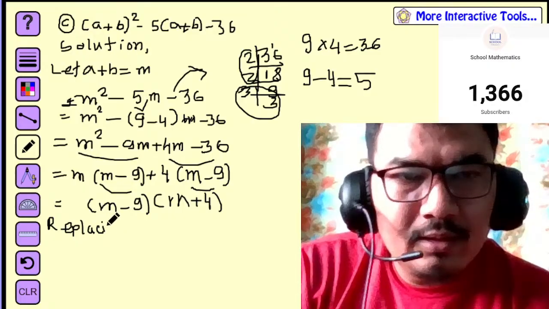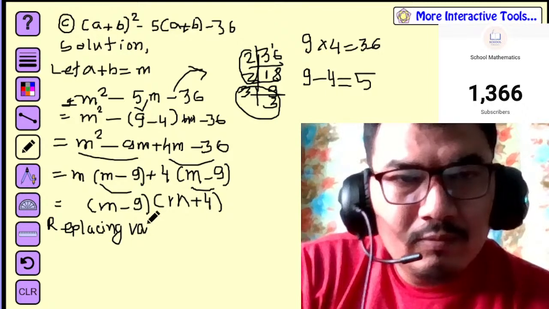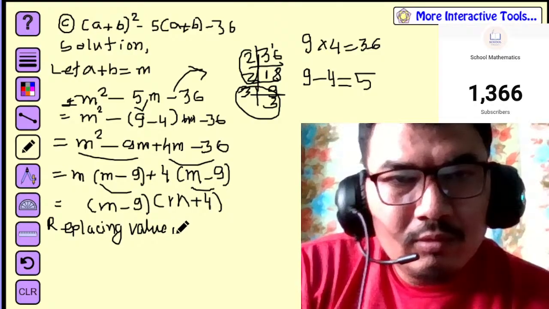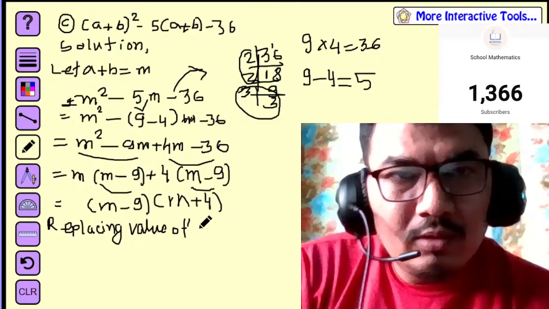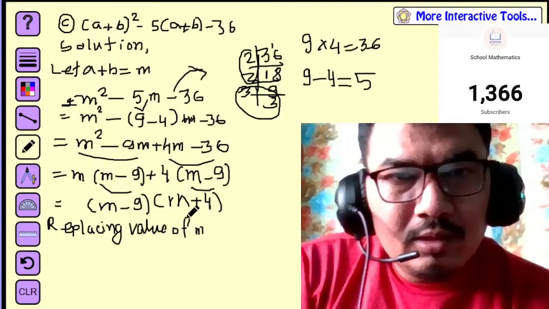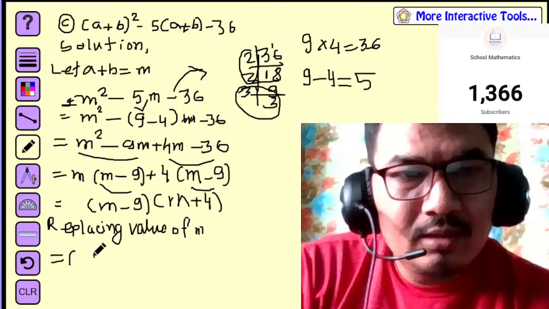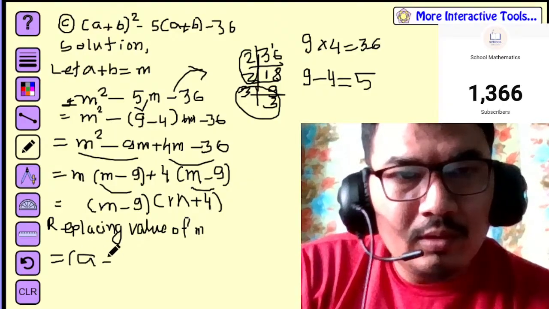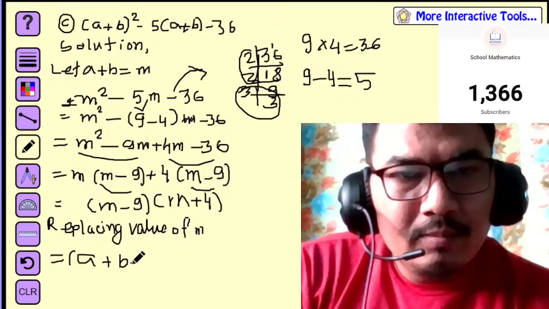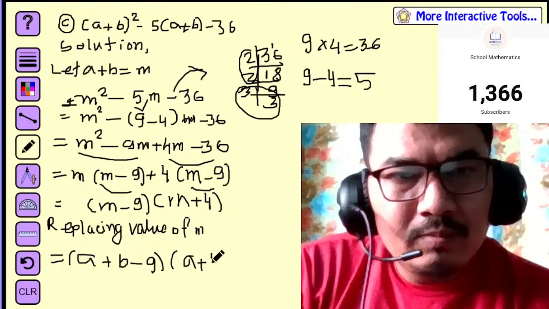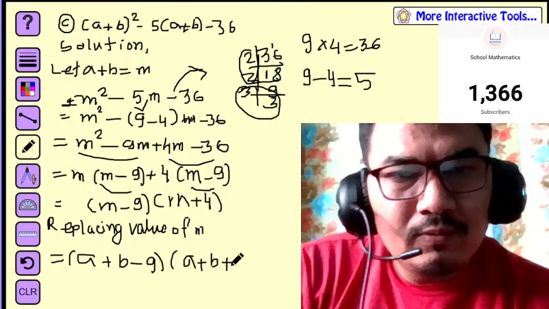If you replace the value of m here, look children, in place of m you have to write a plus b. So it becomes a plus b minus 9, and next there is a plus b plus 4.